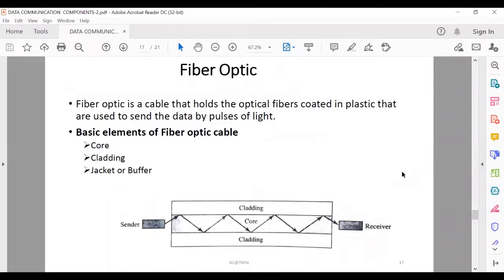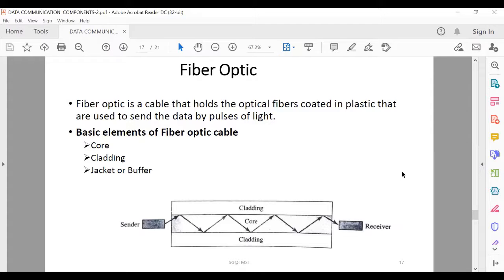Now coming to the next type of media, which is the fiber optic media. A fiber optic cable holds optical fibers coated in plastic that are used to send data by pulses of light.